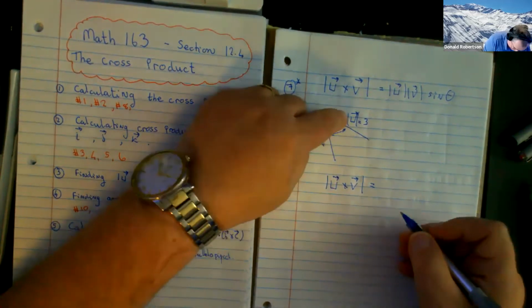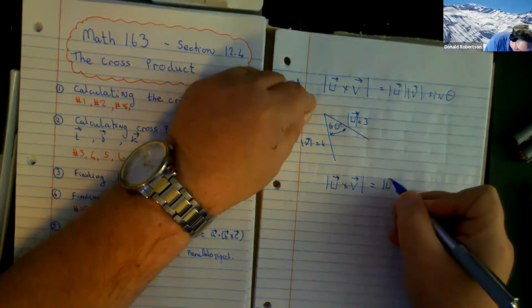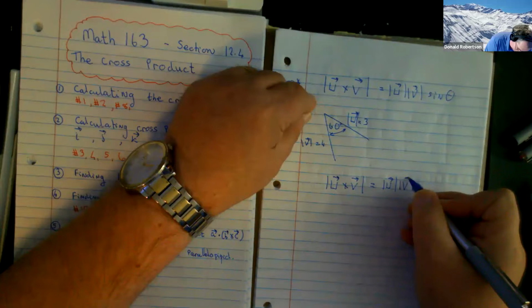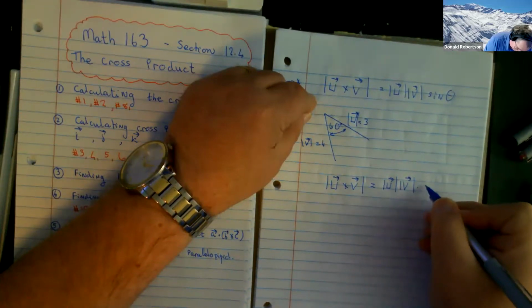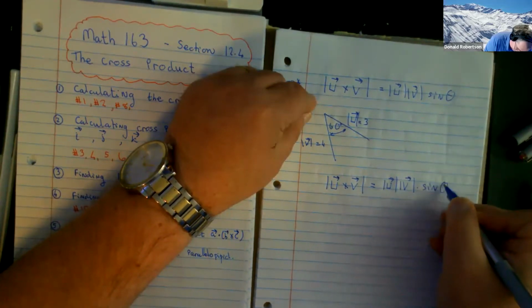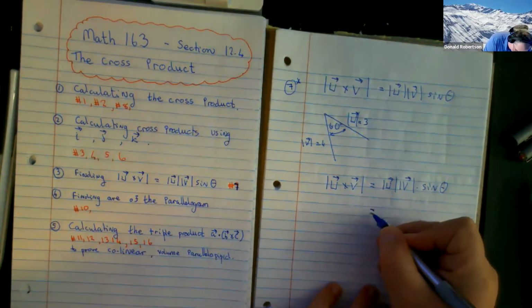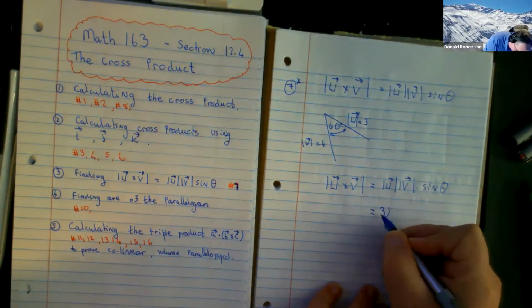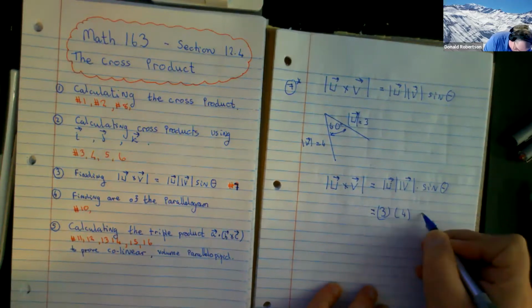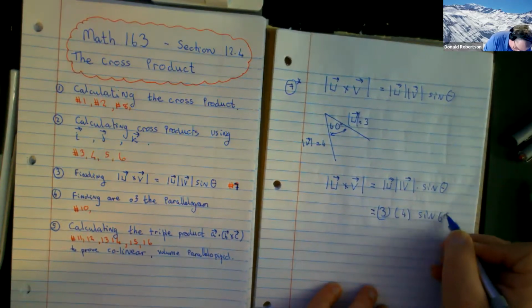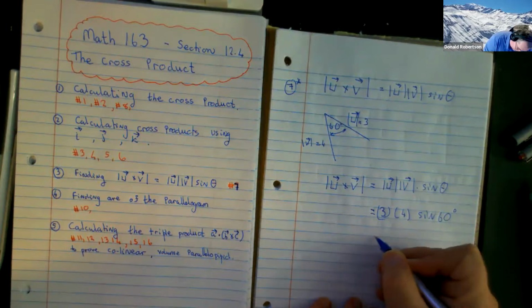So that's simply plug and chug, right? Magnitude of u, magnitude of v, times the sine of the angle in between. Since all 3 are given, you just plug in the numbers. 3 times 4 times the sine of 60 degrees.